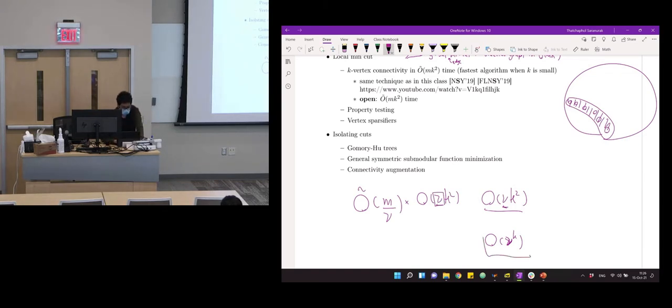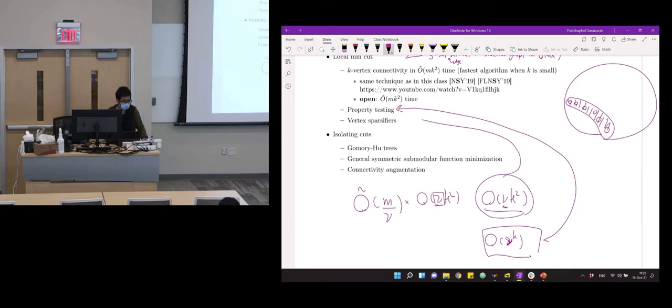This one is actually known long before in the literature of property testing, and once you get this one, you improve a lot of things in the property testing literature too. But yeah, you're right.